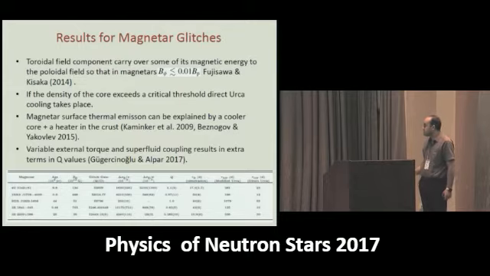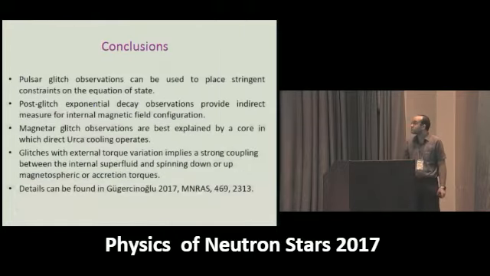These are the observed time scales, and I have investigated the toroidal field region's relaxation cycle for two different cooling behaviors, one for modified Urca and second for direct Urca. In the case of the direct Urca process, I have obtained exact matches, and here are my conclusions.